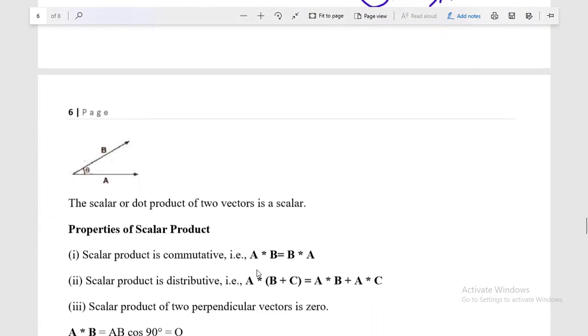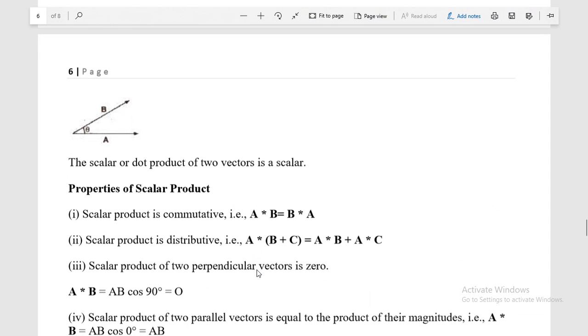So in this picture you can see, suppose B is one vector and A is another vector, and this is the angle theta between these two.